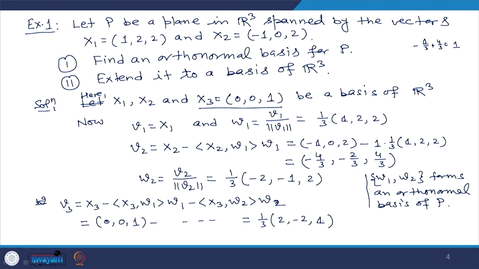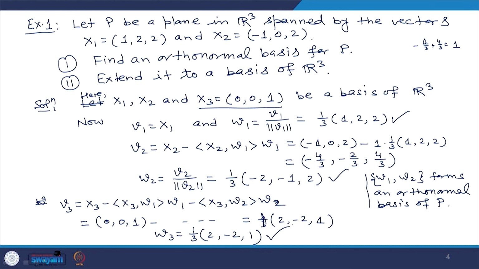Whatever V3 I get, I have to divide by its length, so it will be 2 minus 2 1, and then the length of this is root 9. So, W3 is 1 by 3 times 2 minus 2 and 1. So, here W1, W2 and W3 form an orthonormal basis of R3.